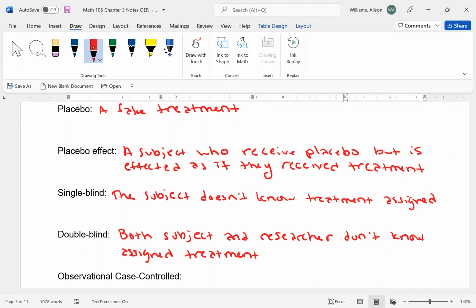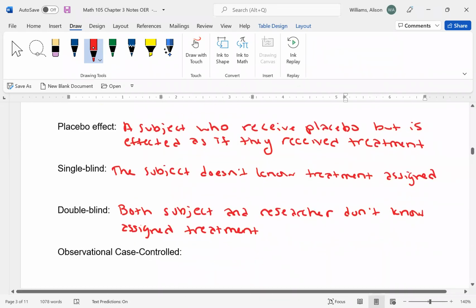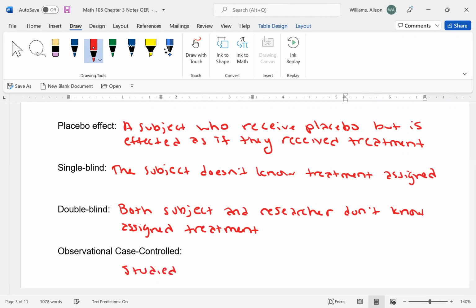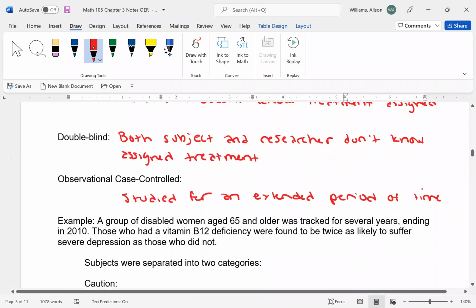Okay. And then observational case controlled is subjects that are studied for an extended period of time. So they're being studied for an extended amount of time. Okay, so let's look at some examples.